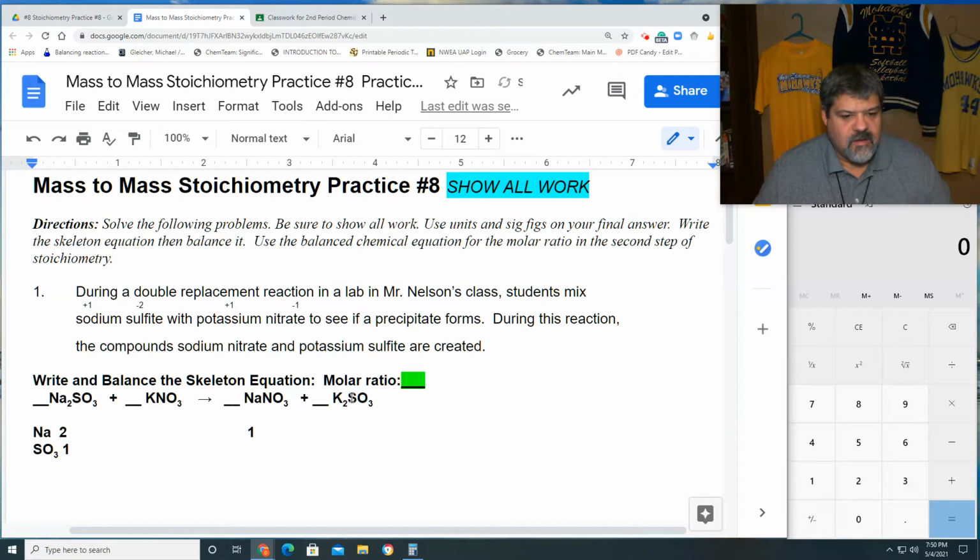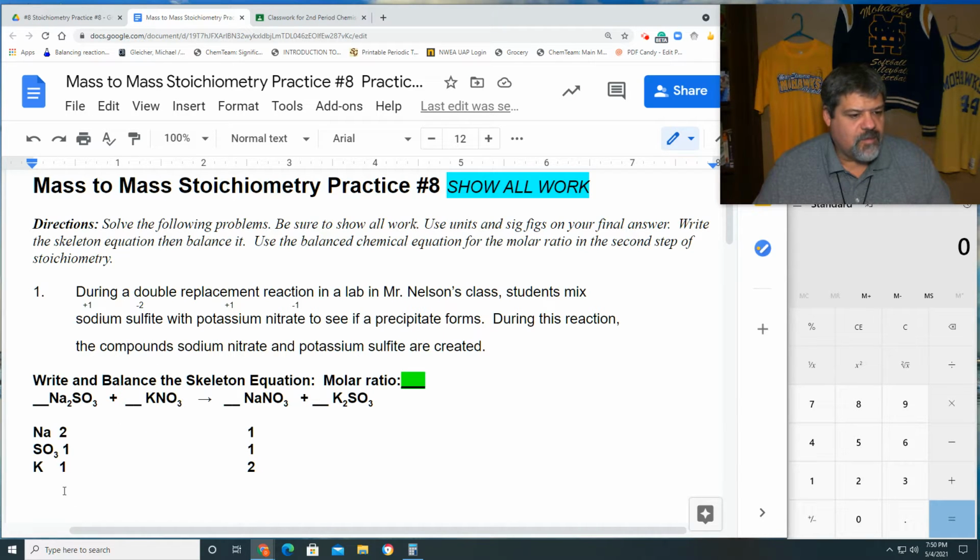And on this side over here, we only have 1 SO3. So we're going to go ahead and get that over there. And so there's 1. And then after that, we have K. On this side, our potassium, we have 1. And on this side, we have 2 right here. See, 2 there and 1 right there.